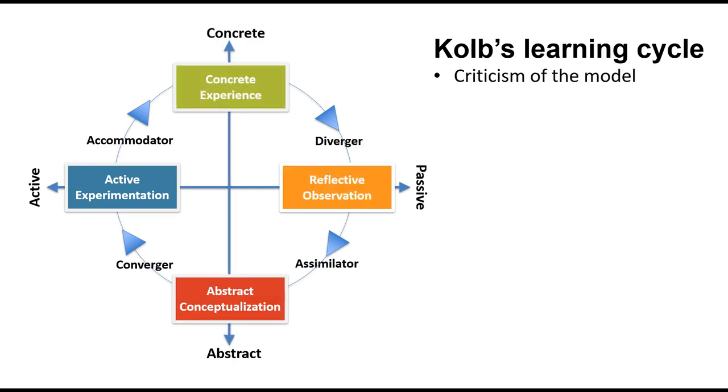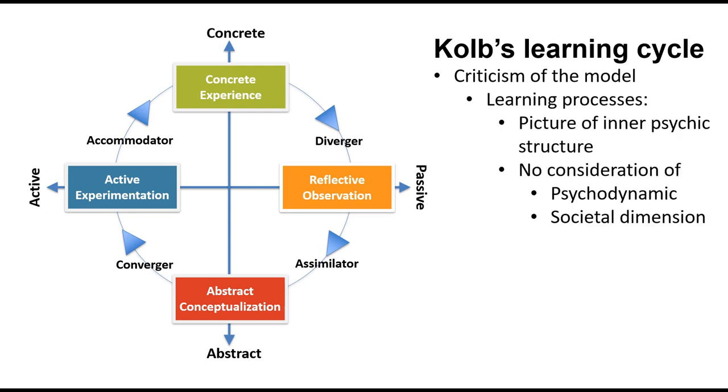Let us now consider a criticism of the model. Kolb's learning cycle is a picture of the inner psychic structure of the learning process. Kolb only works with the cognitive dimension of learning and does not consider the psychodynamic and societal dimension.